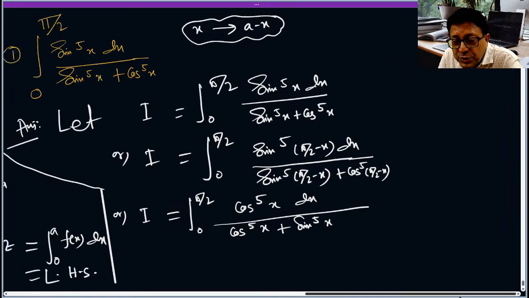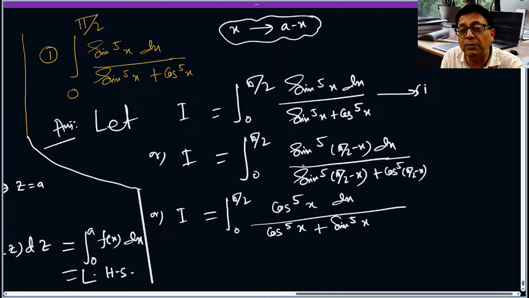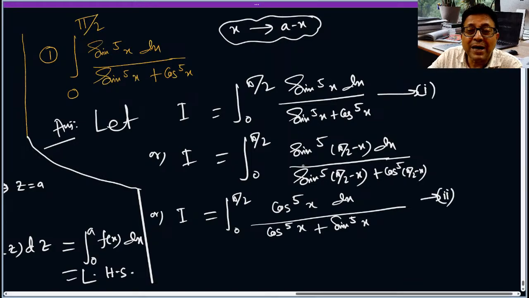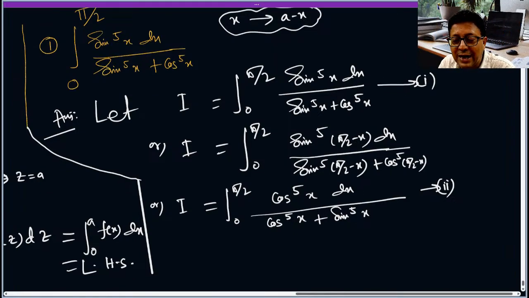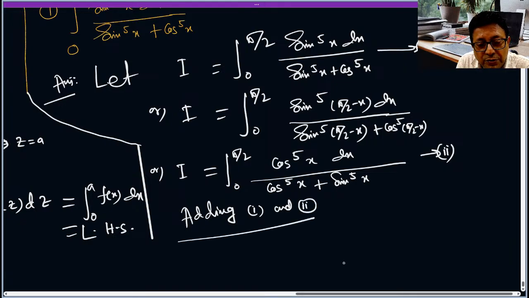If we add these two, take this one as number 1 and this as number 2, there will be magic in the next step if we just add these two. Adding 1 and 2, what do you get?